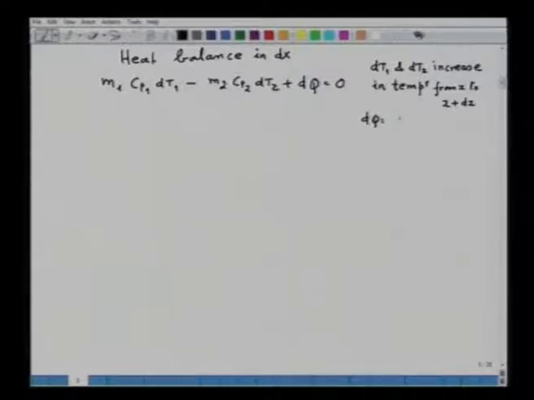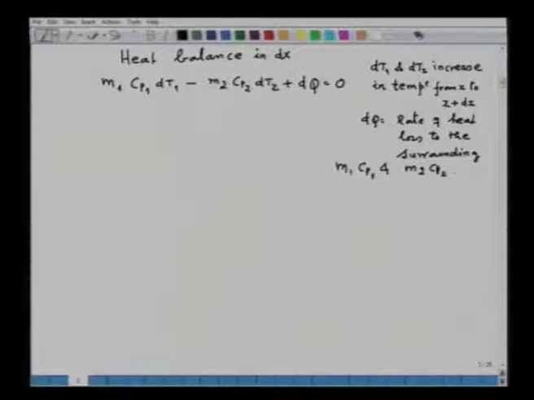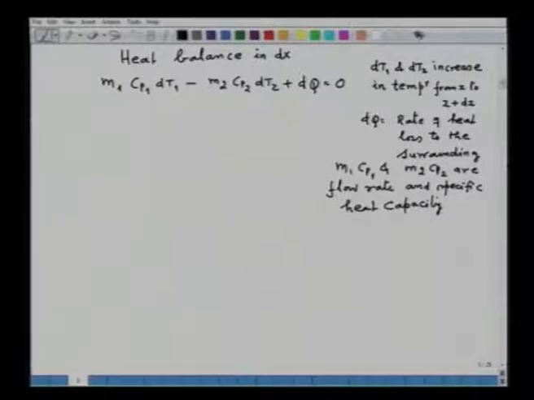dq is the rate of heat loss to the surroundings, and m1 Cp1 and m2 Cp2 are the flow rate and specific heat capacity of fluid 1 and fluid 2.